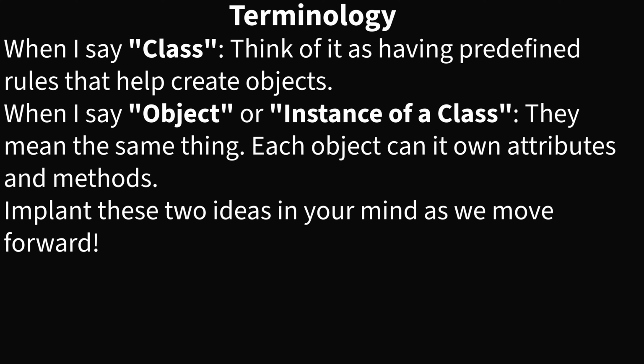I'm referring to an object, and each object that is created has its own attributes and methods. One object can have three attributes, another object can have four or five attributes, and so on, right? Implant these two ideas in your mind as you move forward, and we'll be looking at some summaries and also how these work in the OOP paradigm of some programming languages.